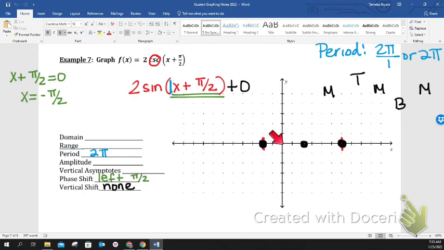Now the amplitude tells me how far I need to go up. So what's the amplitude of this wave? 2. So remember, the sine pattern says you start at the middle, then you go up to the top, back to the middle, hit the bottom of the wave, back to the middle. So I'm going to start here. To go up to the top, I need to go up 2. So put a point right there.